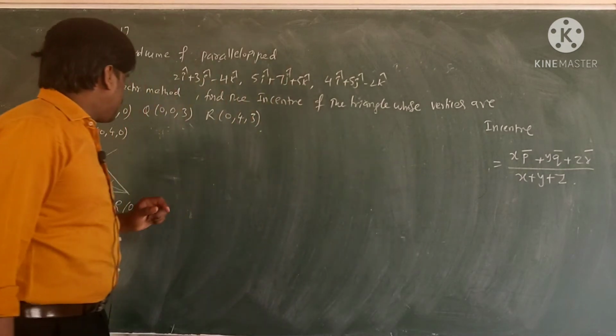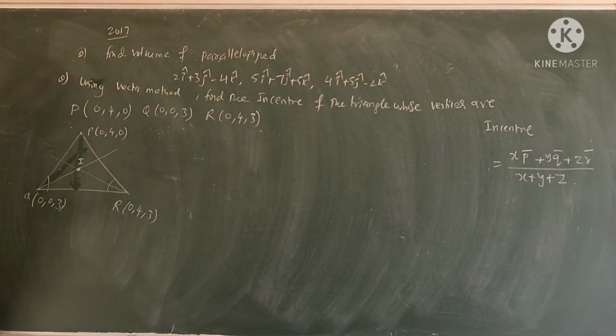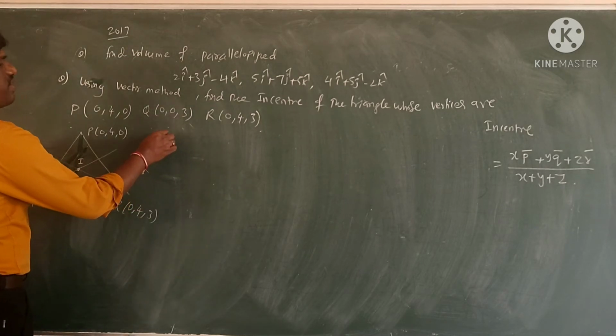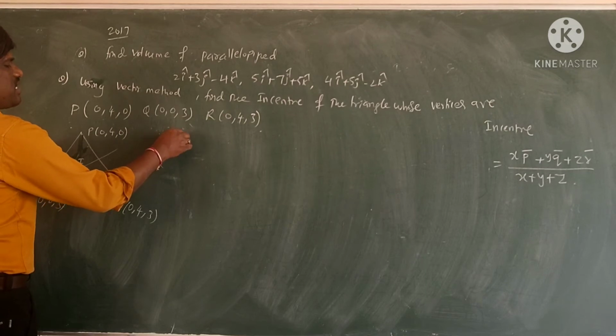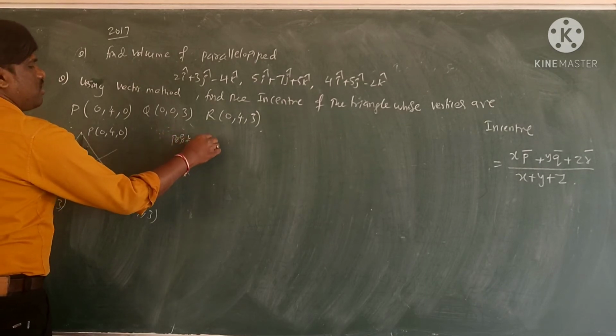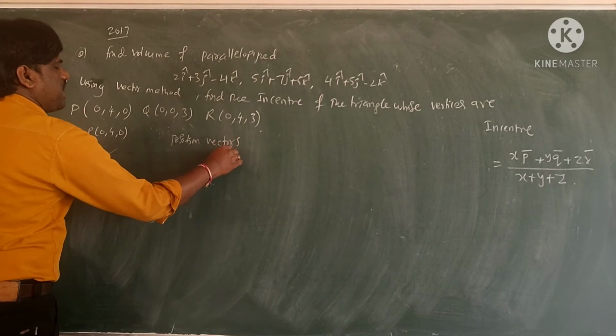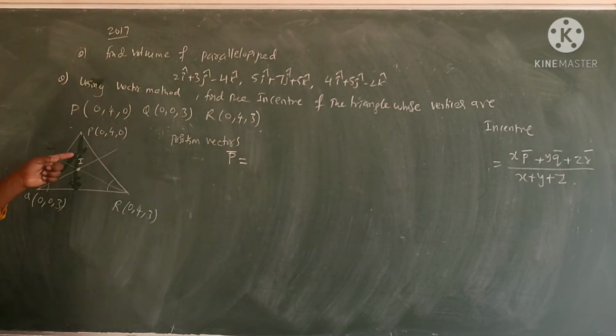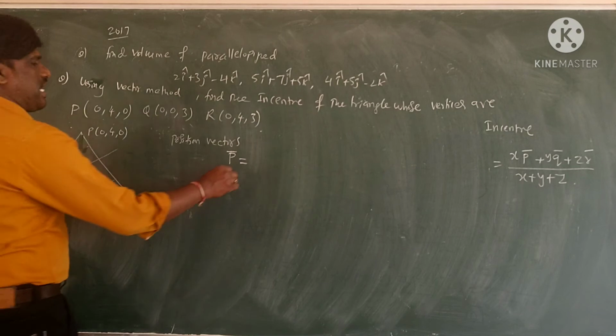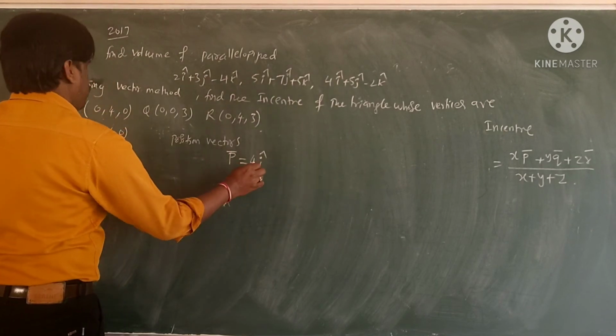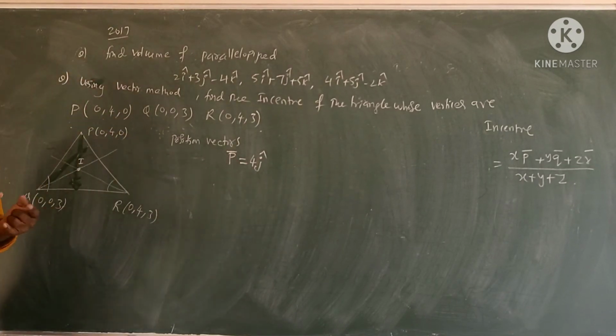So now I will find the position vectors first. Now P vector is what? 0, 4, 0. Q vector is what? 0, 0, 3. So position vector of P will be 4j cap, I and k are zeros.